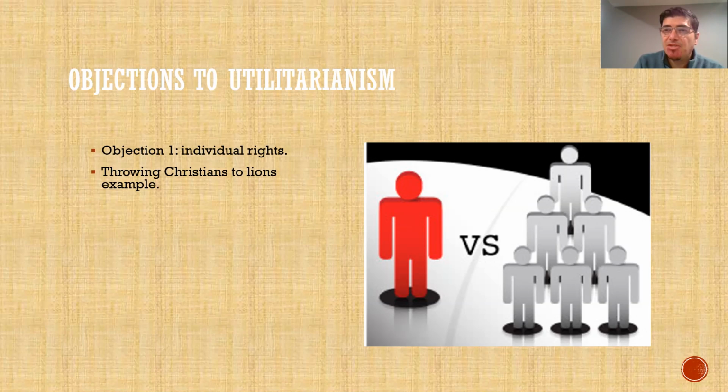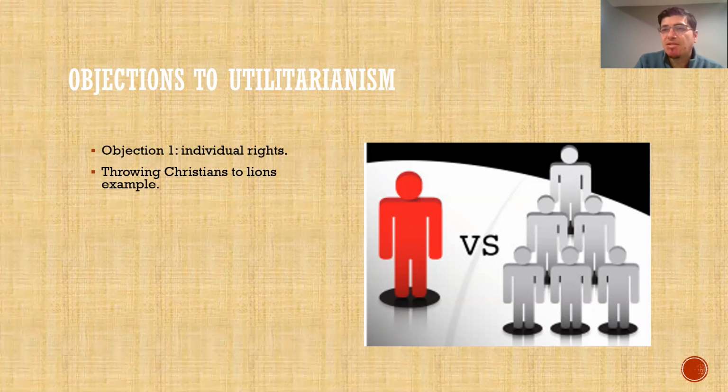It doesn't matter how much joy those that are being entertained derive from the event. Being torn apart by lions is a horrible thing to do to a human being. They have the individual right not to be thrown to the lions, regardless of how happy other people might be at that. That seems like the correct, concrete judgment in that particular case.